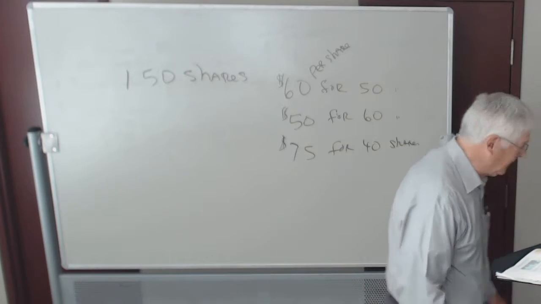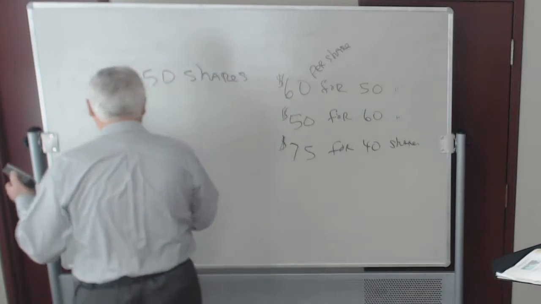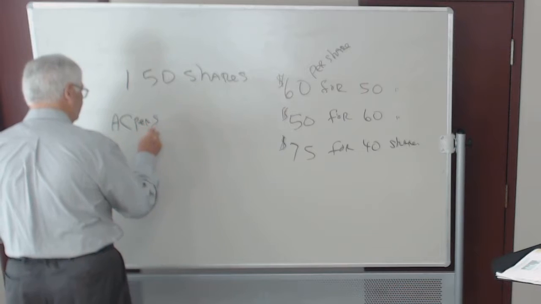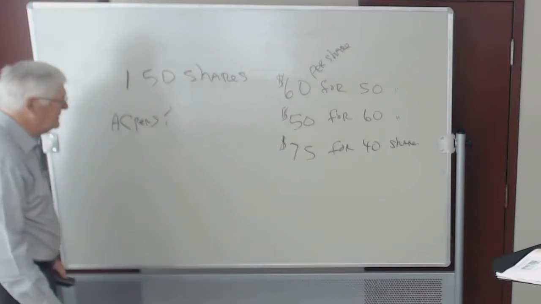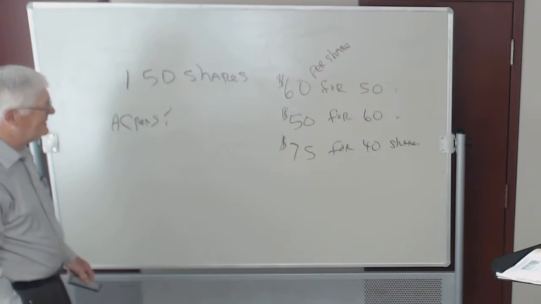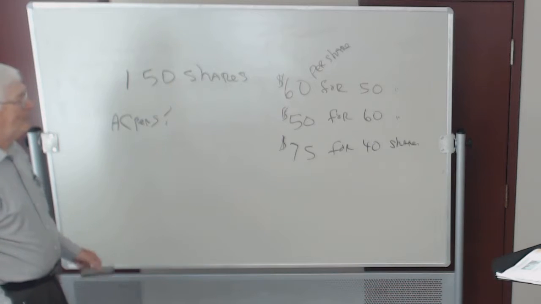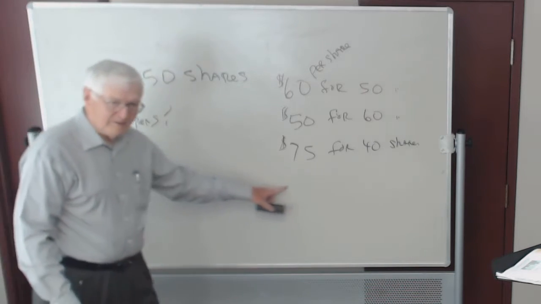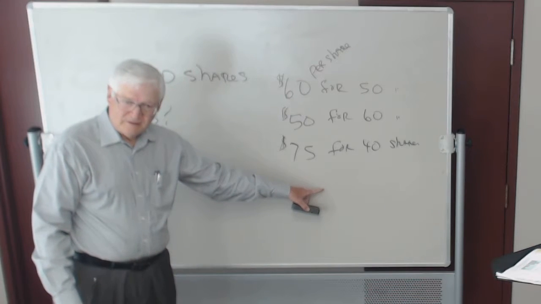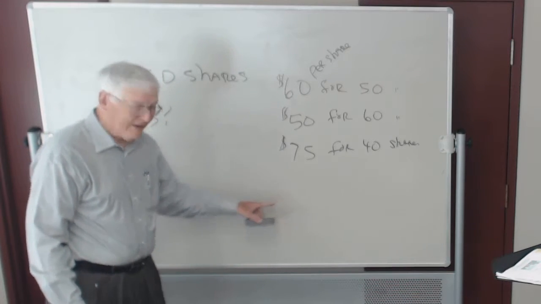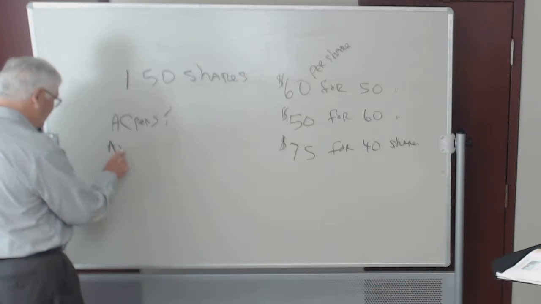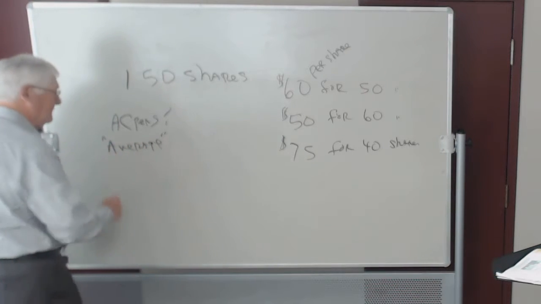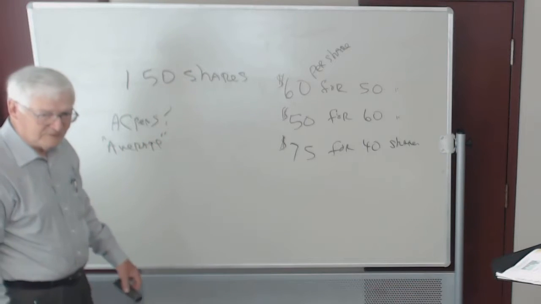What was his average cost per share? Average cost per share. So what do I have to do? I have to add all the numbers up, right? To get the average, and divide by the total numbers.